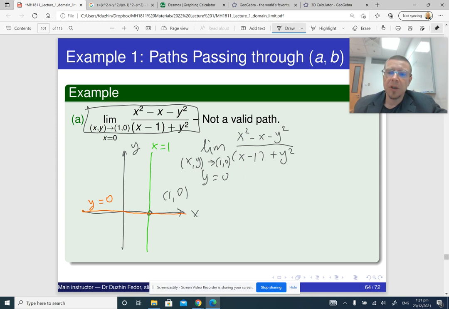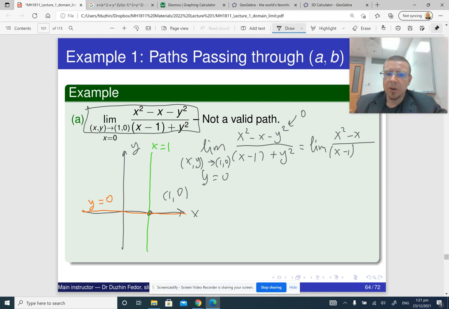So if we take the limit along the path y equals 0, essentially it means that we need to replace y with its value, with 0, right? So this is going to be just the limit of, now y becomes 0. So x squared minus x minus 0 squared divided by x minus 1 plus 0 squared. I mean, of course, I don't have to write 0 squared, so I can just erase it.